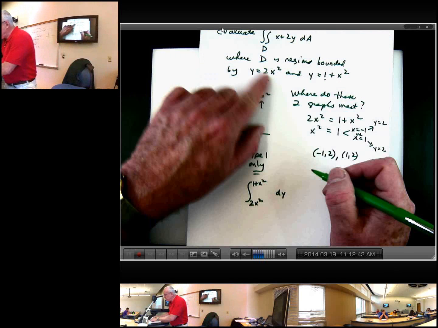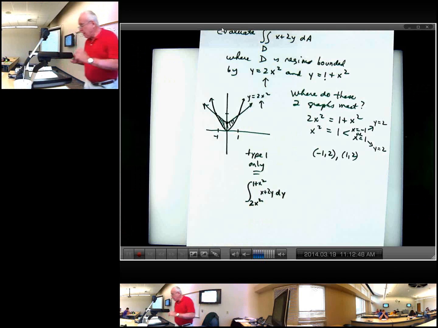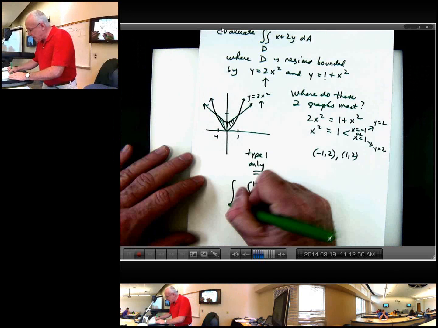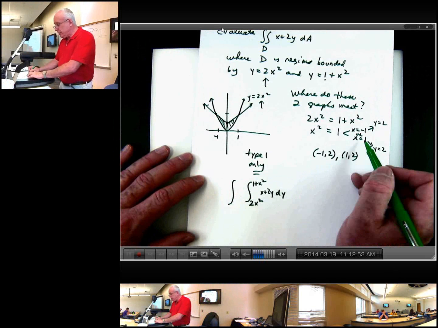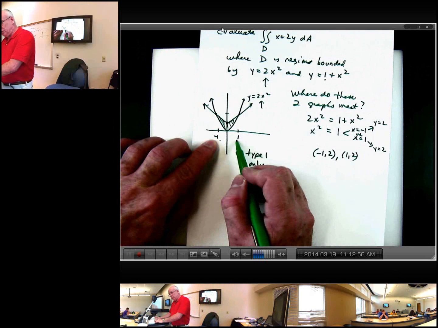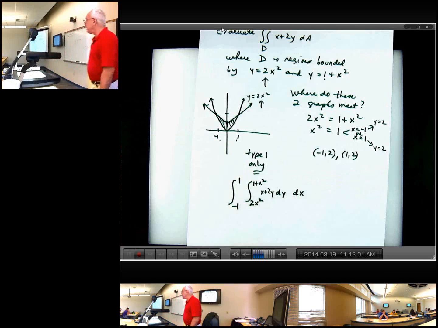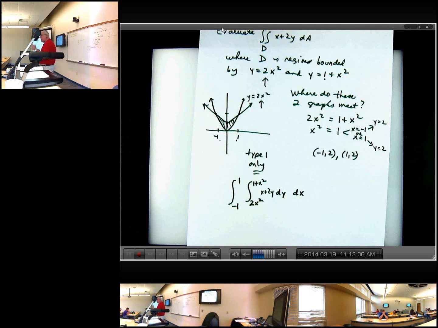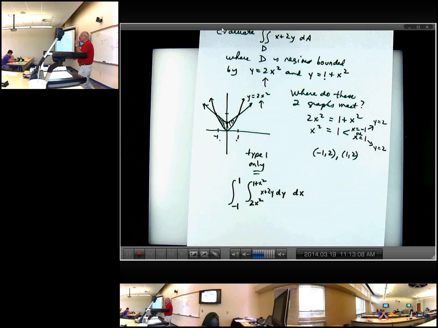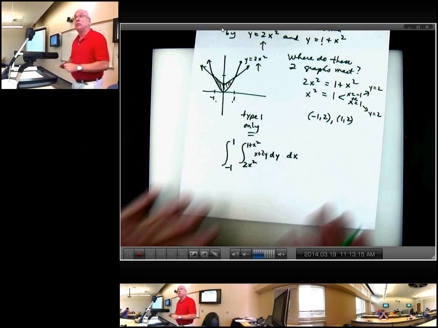And then let me put my function in, well, here's my function. It's x plus 2y. So I first do with respect to y, and then my outer one is going to be with respect to x. And notice here that x goes from -1 to +1, and that's going to be my dx at the end. So again, you see that on the outer integral, my limits of integration are strictly numbers. On the inside, I've got these pesky little functions that I have to deal with. Yes?